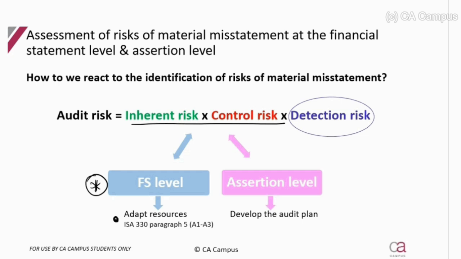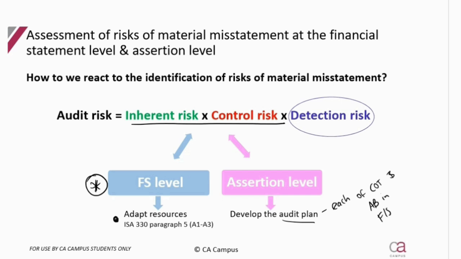And then responding at the assertion level, guys, those are the specific risks for your accounts in the financials. Specific risks for revenue, specific risks for PPE. So when I respond to those risks, I have to develop an audit plan for each of my class of transactions and account balances in the financial statements.